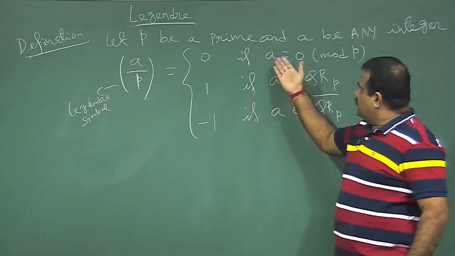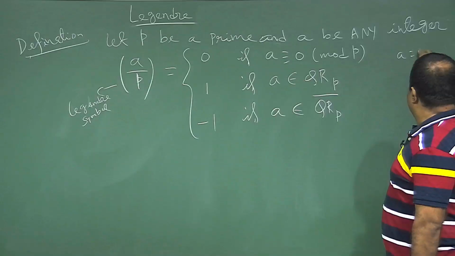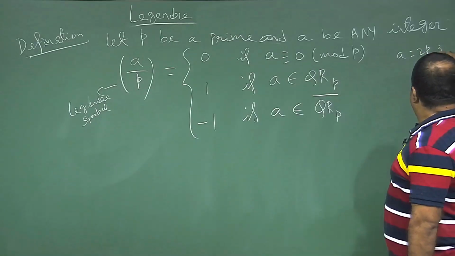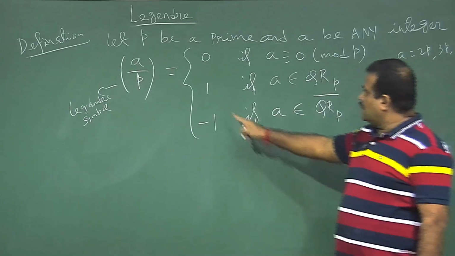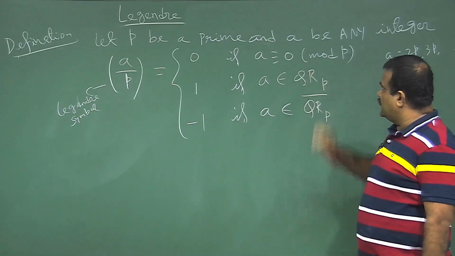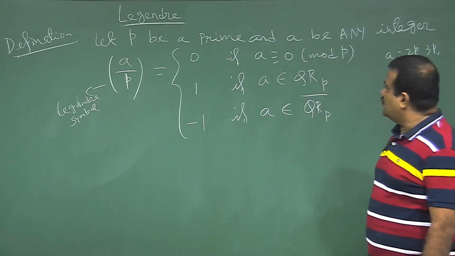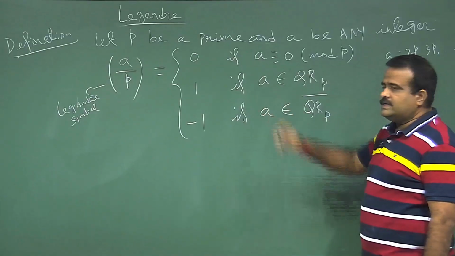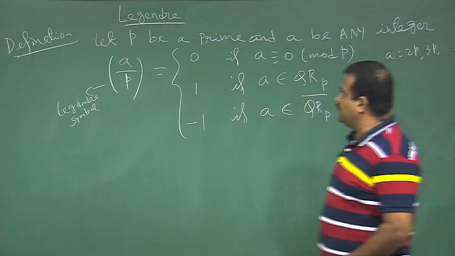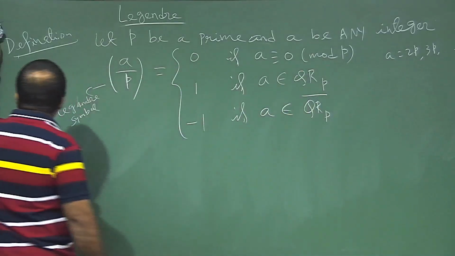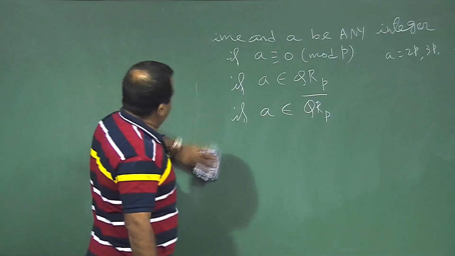So, it is 0 if P divides A, say if A is equal to 2P or 3P. Otherwise, it is 1 if it is a quadratic residue mod P, and minus 1 if it is a quadratic non-residue.